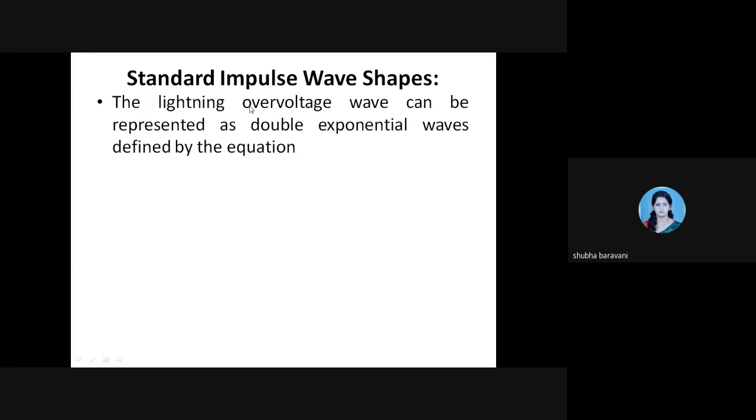So see, the lightning over voltage wave can be represented as double exponential waves. It means what? When the experimental study was done on what exactly the, see, in TD we had seen you have a tower, and here you had the power cables.